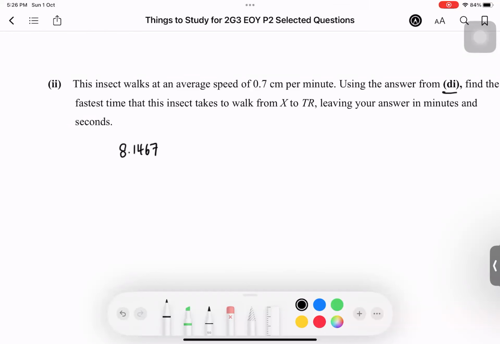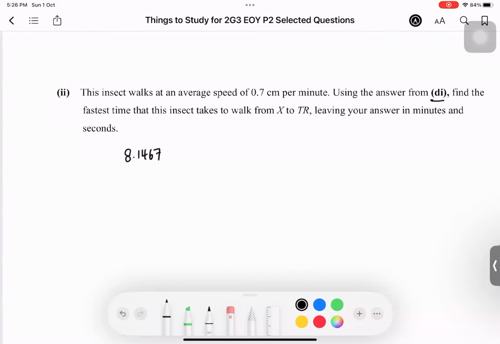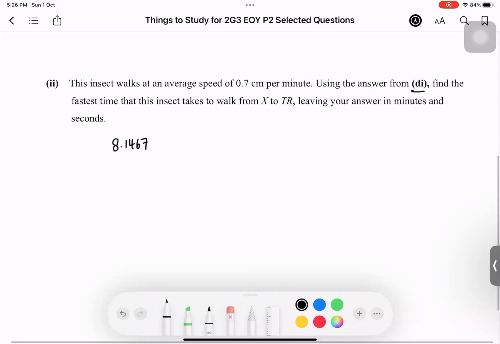Find the fastest time it will take to walk, leaving your answer in minutes and seconds. So time is distance divided by speed, with speed 0.7 per minute. We'll get our answer in minutes.